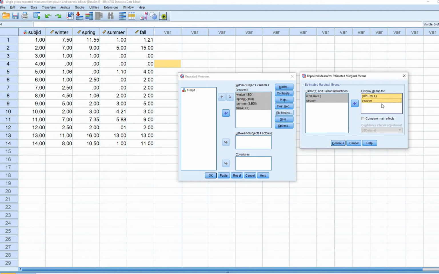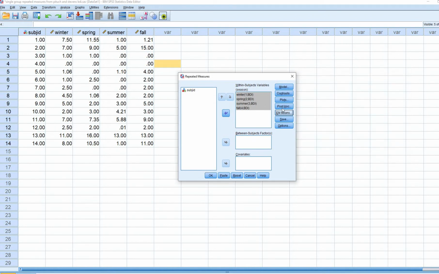Now if I want to follow up a significant test result indicating that there is significant variation in the means over our repeated time points, then I can carry out Bonferroni adjusted pairwise t-tests, and I can do that by clicking on Compare Main Effects and then this button right here, and I've got Bonferroni selected right there. If I click on Continue, then I can continue on.